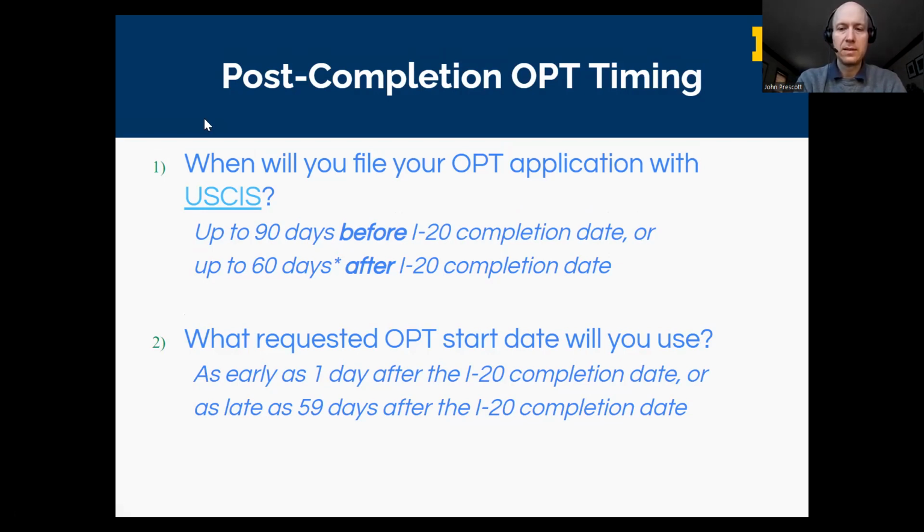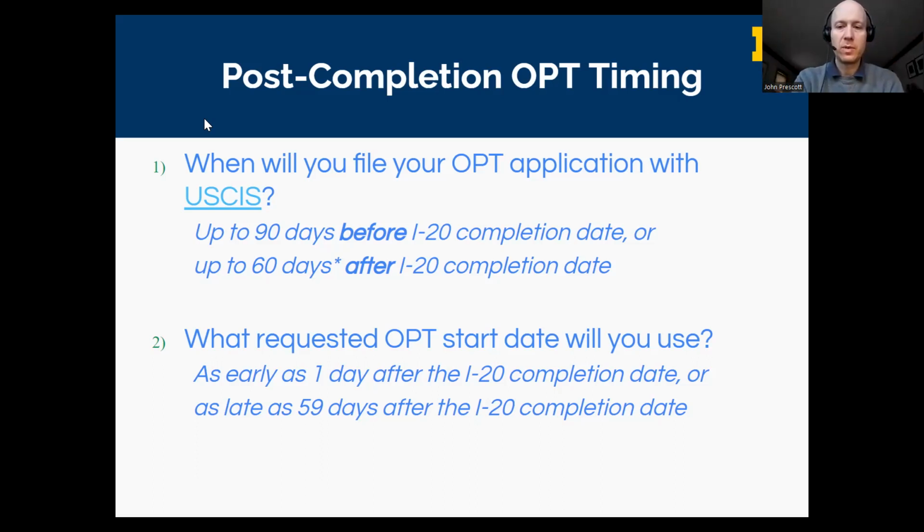The earliest possible post-completion OPT requested dates for a winter 23 completion would be, and forgive the weird American custom here of month, day, year, you're probably used to it by now, strange custom, May 1st to the following April 30.